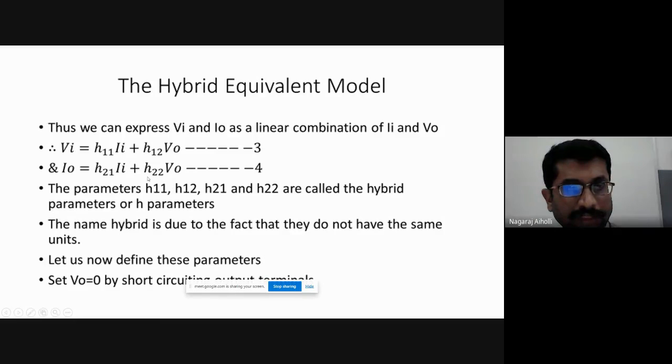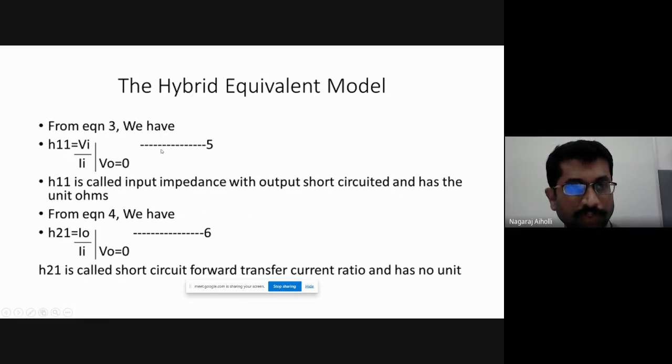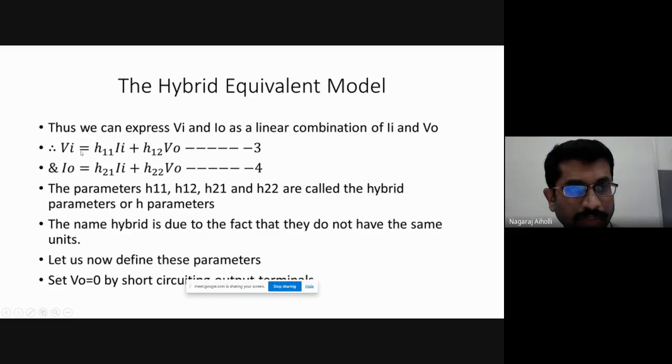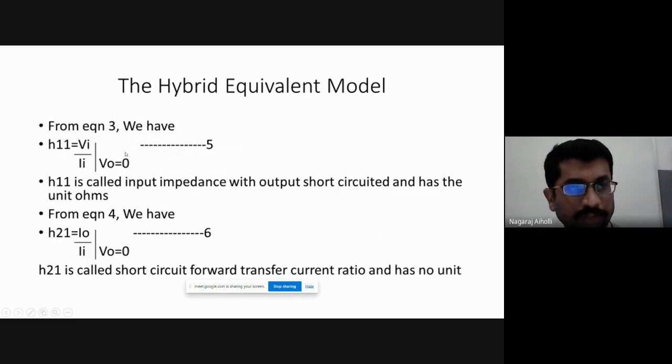Now, to define these H parameters, we have to short circuit the output terminals, that is, make the independent variable Vo equal to 0. Putting Vo equal to 0 in equation 3, H11 is equal to Vi by Ii at Vo equal to 0, where H11 is called the input impedance with output short circuited, and its unit is ohms.